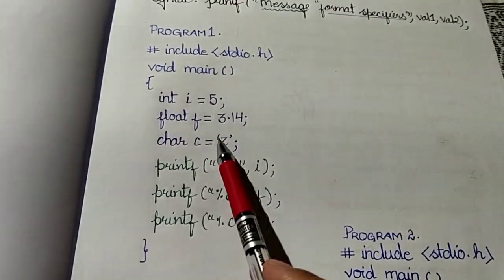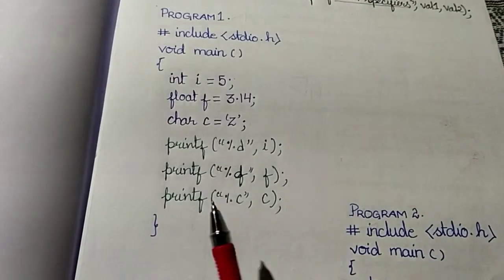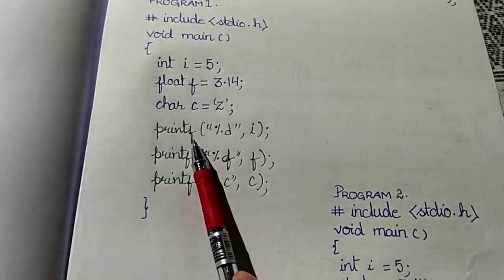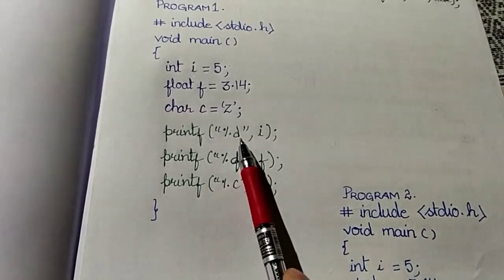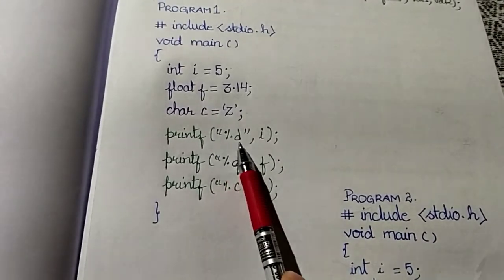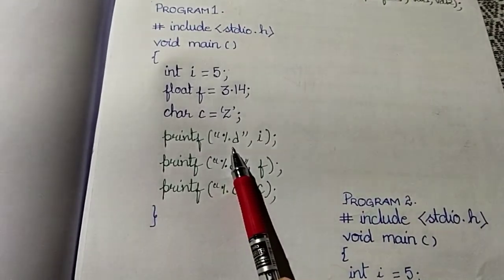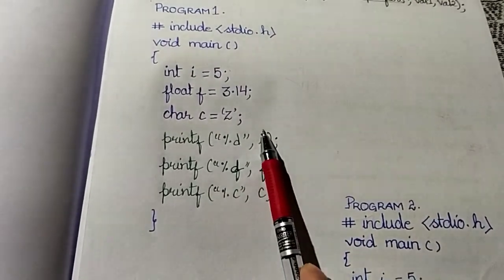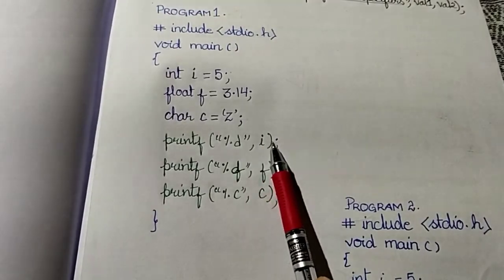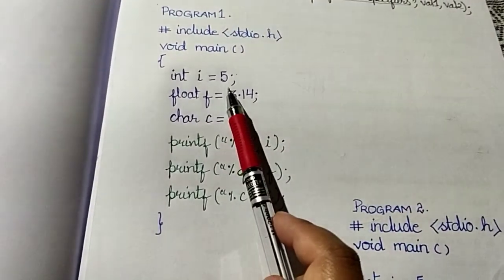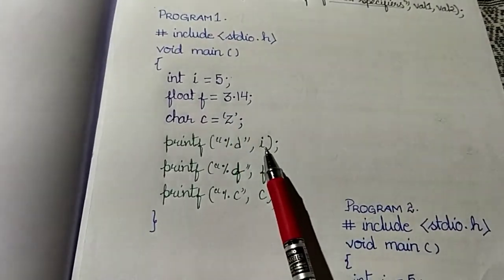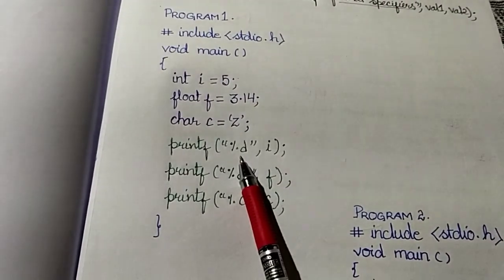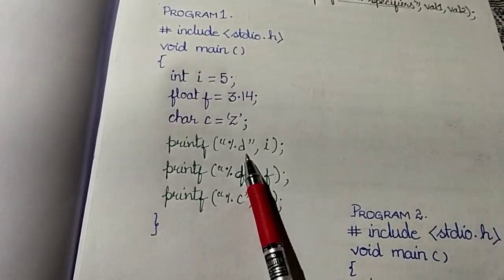Then to display these variables, what do I have to do? First, in the first print statement, I mention printf %d. This %d is what? Format specifier. And then i. What is this i? The variable which holds the value 5. Because the variable i is integer, therefore I'm using the format specifier %d.